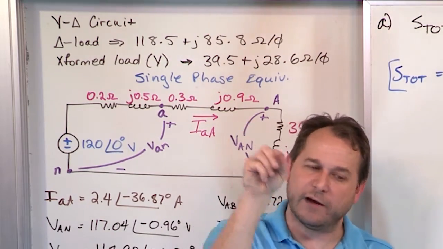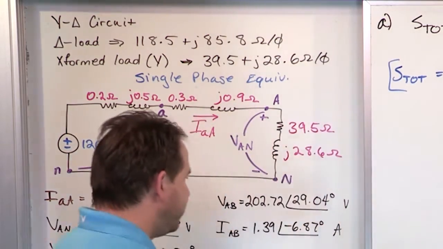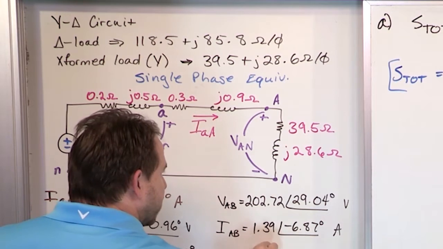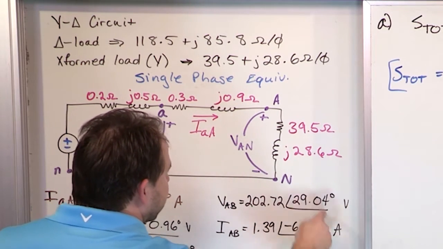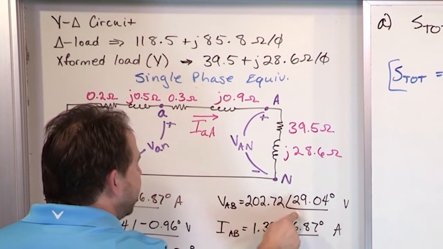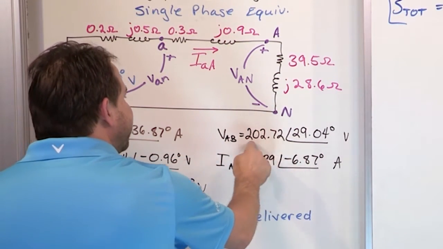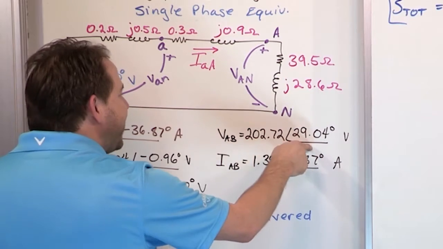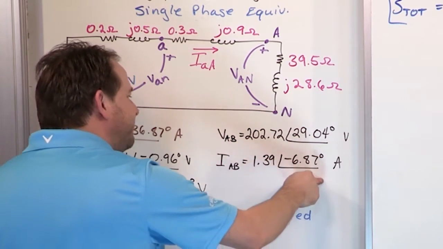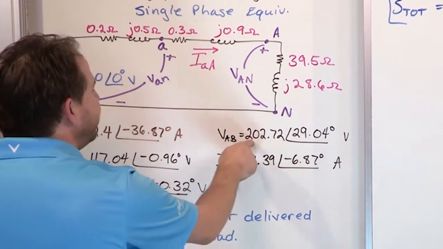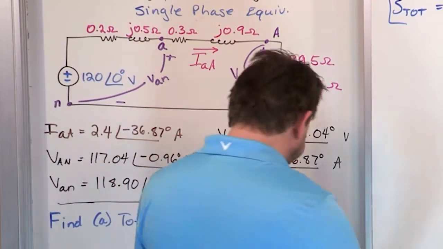So it's the tip of the triangle to the B leg down at the bottom. From here down to here, that's VAB, and the current going through that same leg is this. So it's these 2 values. This is the voltage across one leg of the triangle for the A phase. This is the current through that same leg of the triangle in the A phase. So let's do V I conjugate multiplied by 3.